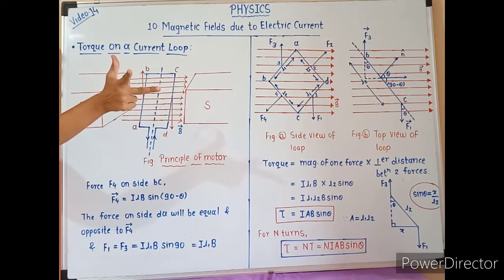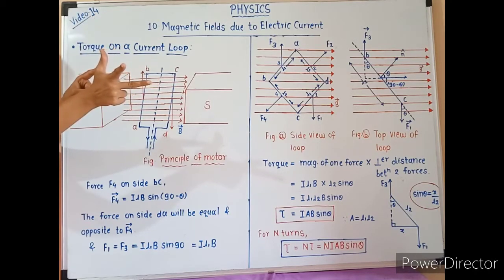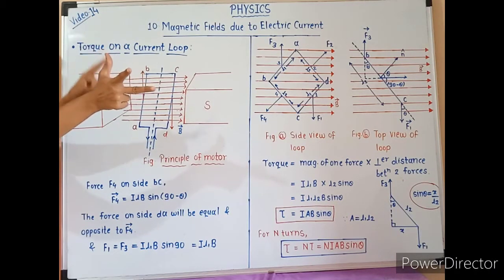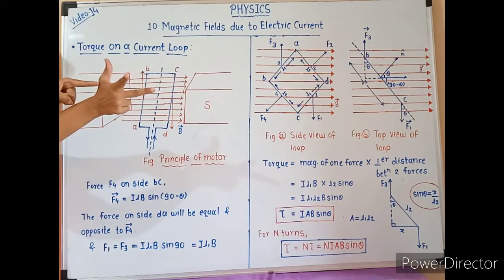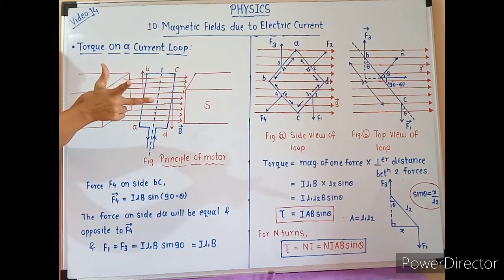This stretched thumb shows the direction of magnetic force. This pointing finger shows the direction of electric current, and this middle finger shows the direction of magnetic field B bar.